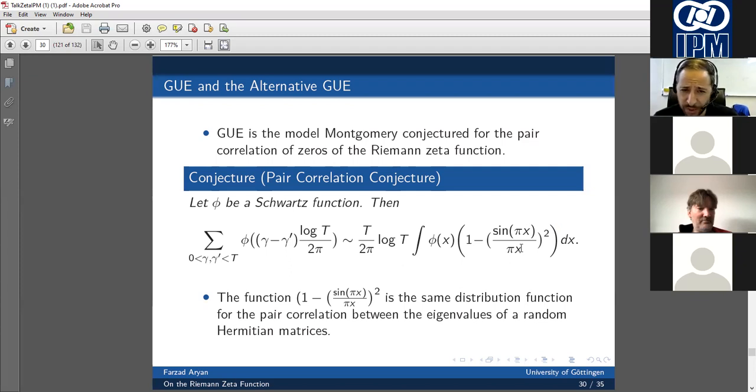And the result of Tao and Logunov and Rogers is kind of a negative point for this whole Montgomery pair correlation conjecture, because they construct a sequence that satisfies whatever he concretely had as facts, but it behaves completely differently than what he predicted.